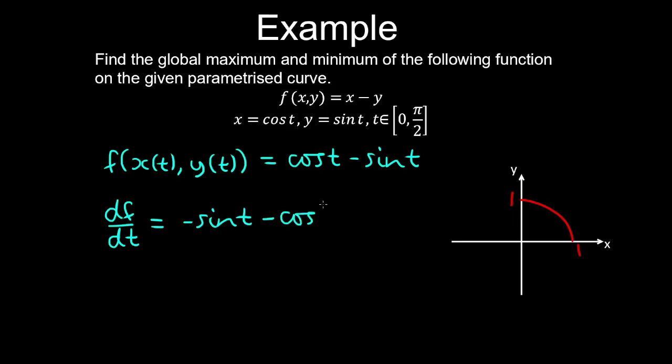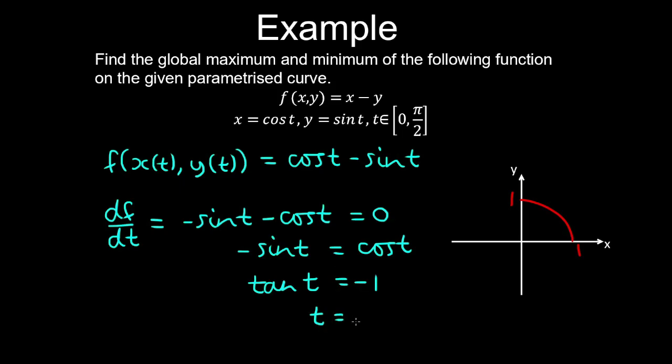So that gives minus cosine t. And setting this equal to 0, we get minus sine t is equal to cosine t, or the tan of t is equal to minus 1. So that evaluates that t is equal to minus pi on 4, which is outside the boundary.